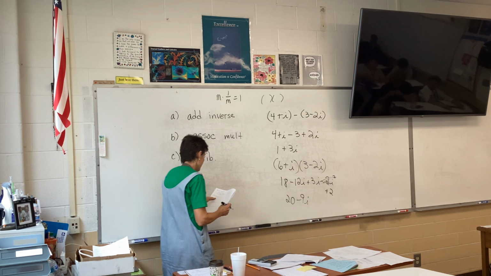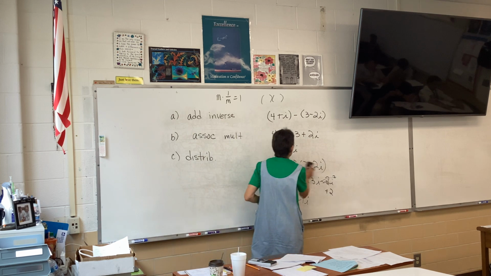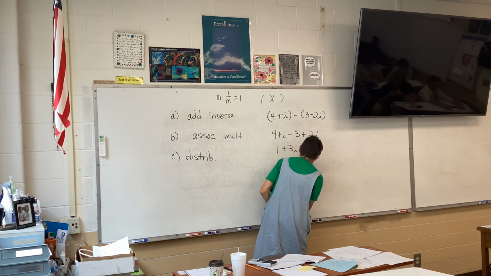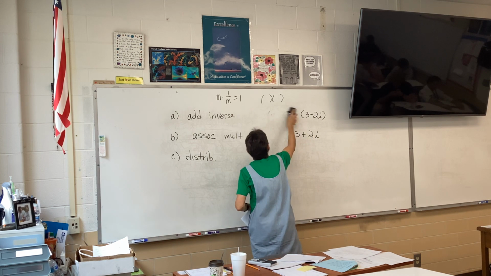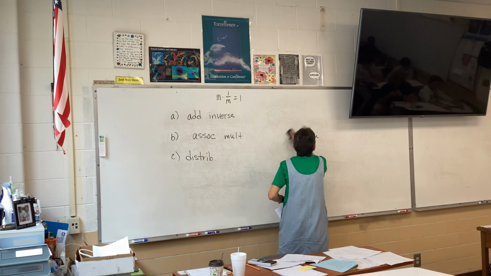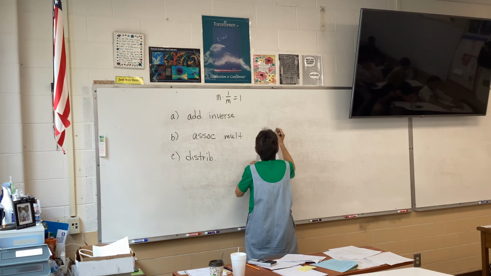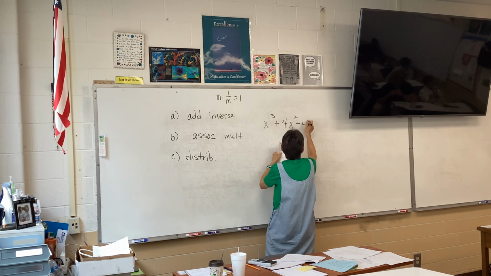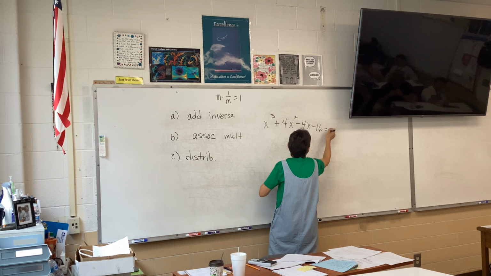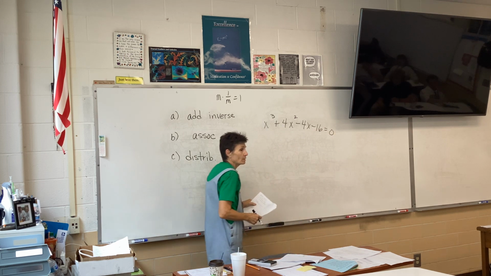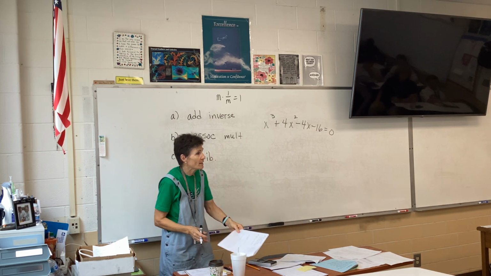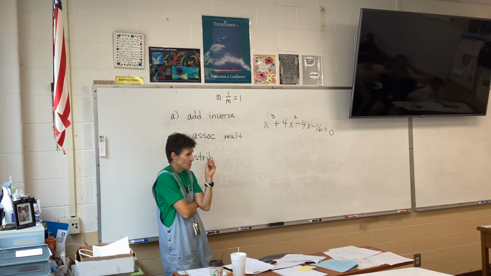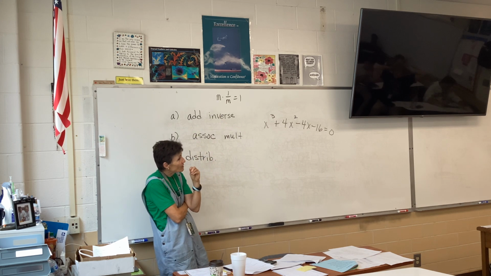All right, number 4. This one is a little bit tricky because factoring it requires you to remember something you learned last year, which you're supposed to remember anyway. But let's talk about this. Grant, what do you think?